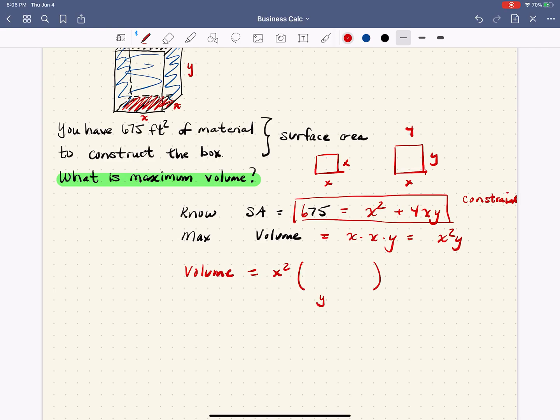So let's take 675 equals x squared plus 4xy. And since there's only one y, we did kind of luck out there. We're going to solve this for y, so I'm going to subtract x squared from both sides. And I'm going to divide both sides by 4x.